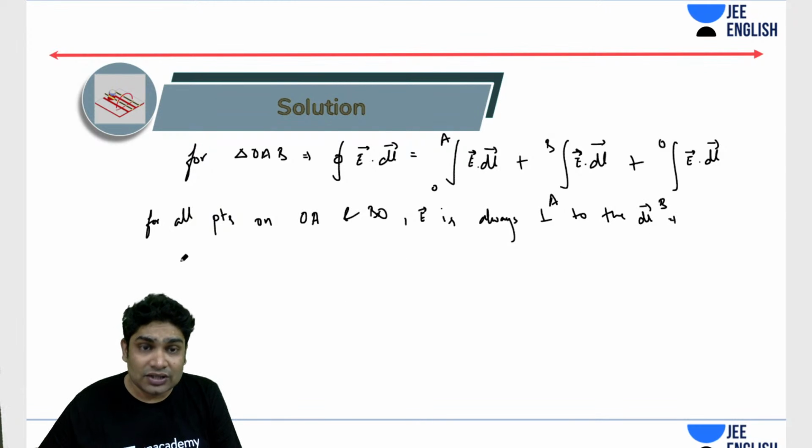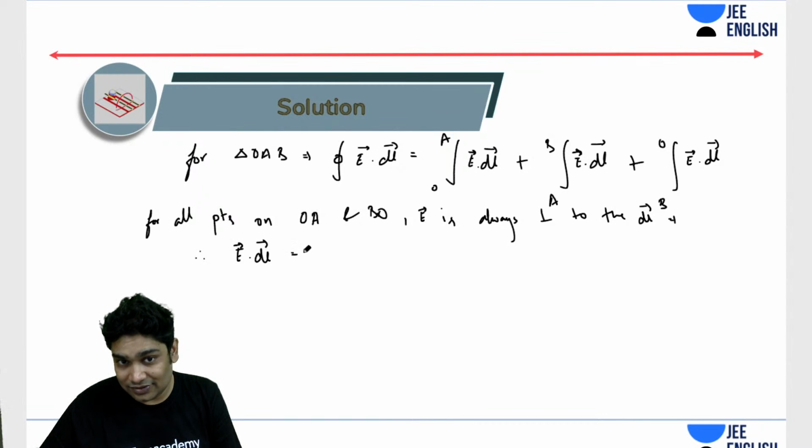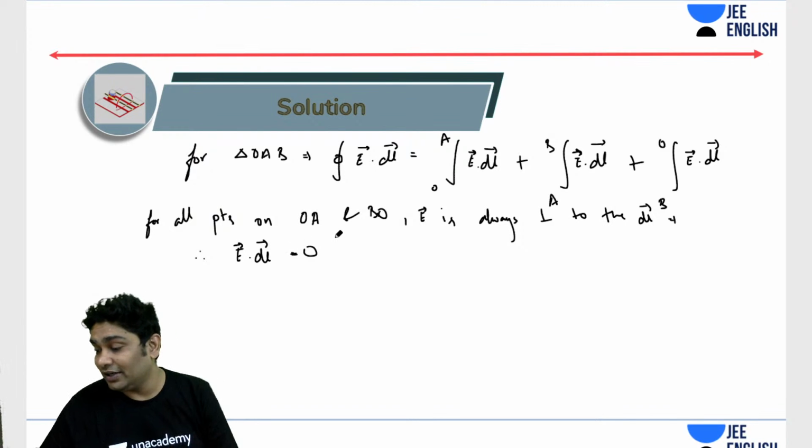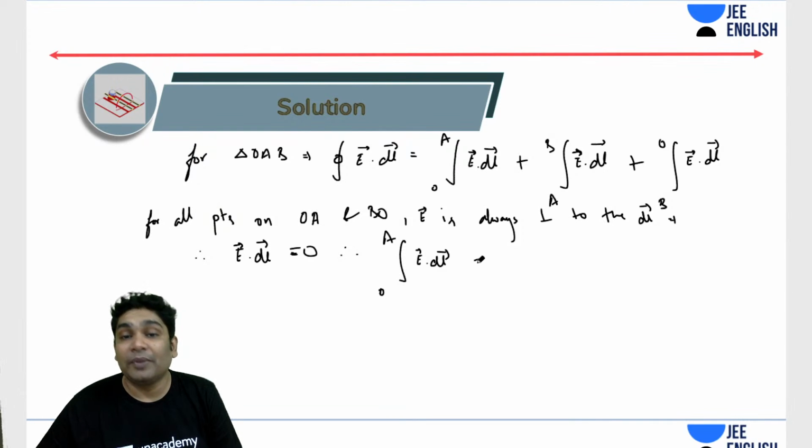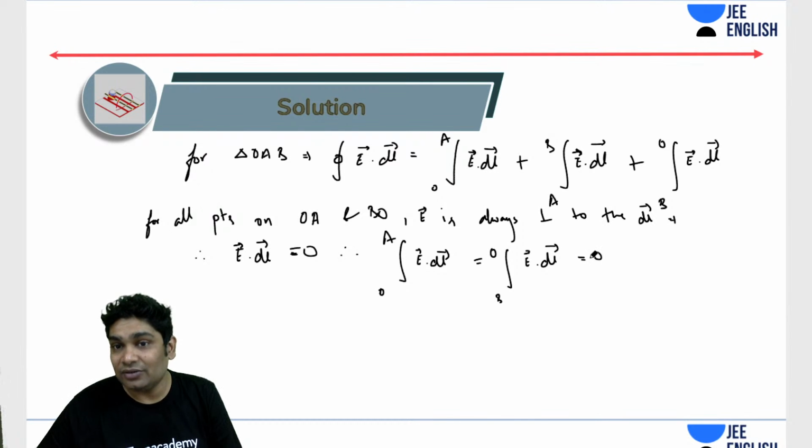Since that is the case, E dot dl is always zero. If two vectors are perpendicular, then E dot dl would be zero. Therefore, I can say that the integral of E dot dl from O to A, and again from B to O, would be zero.